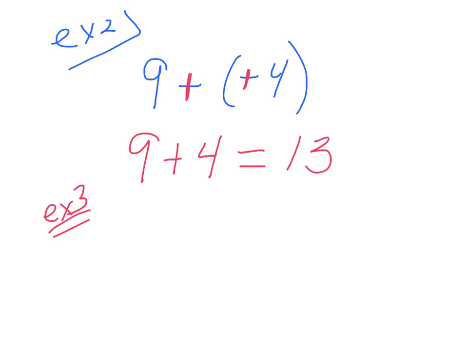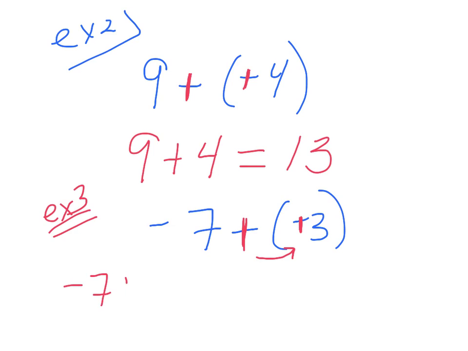Alright, I'm going to kick it up a notch this time. If I have negative 7 minus negative 3, again, I'm allowed to change this to a plus sign only if I change the sign on the number after it. I did not change the sign on the 7. That's illegal. I can't do that. That's not after the plus sign.